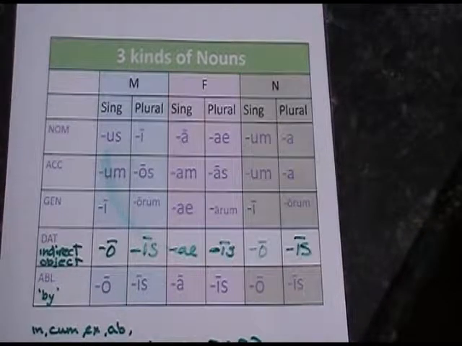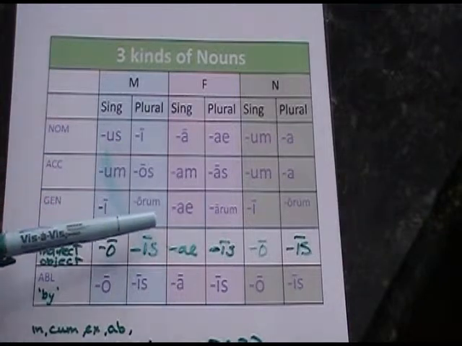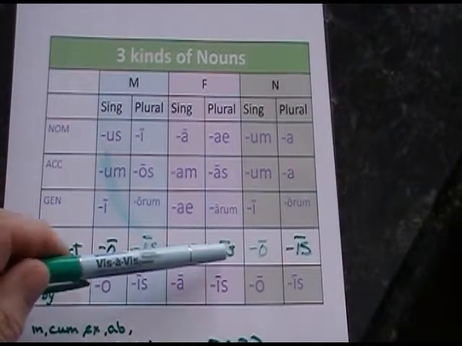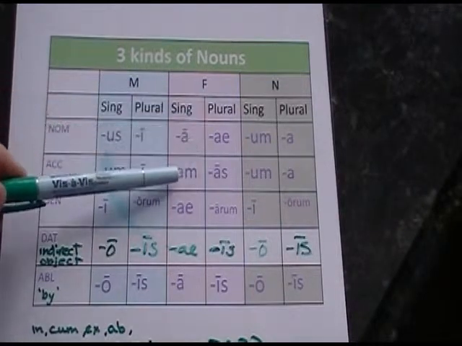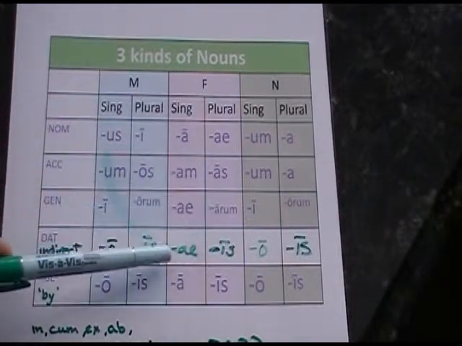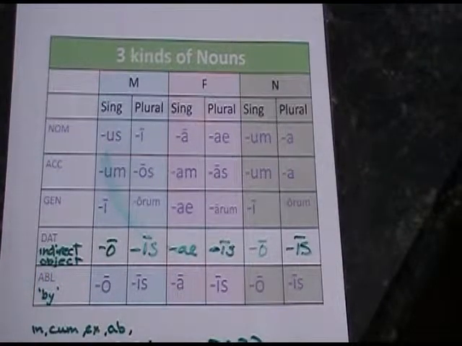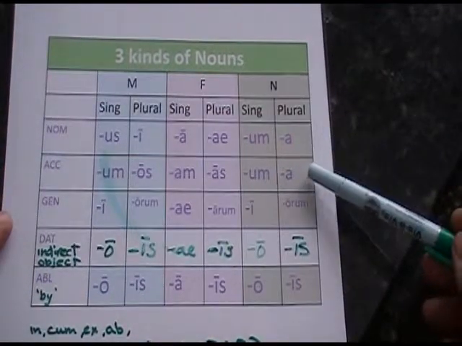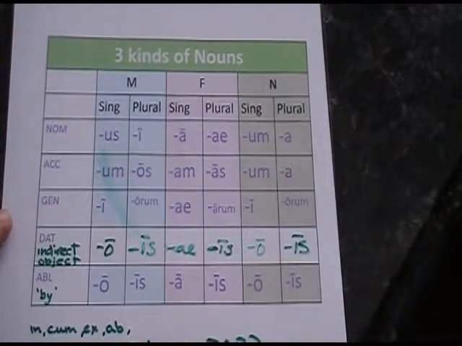For feminine, it goes a, ae, ae, am, ae, as, arum, is, is. And for neuter, we have um, i, o, a, orum, is, is.